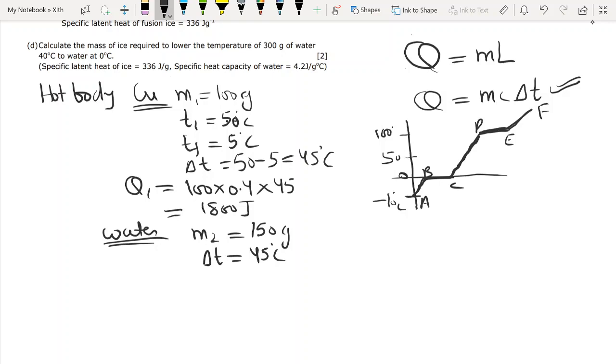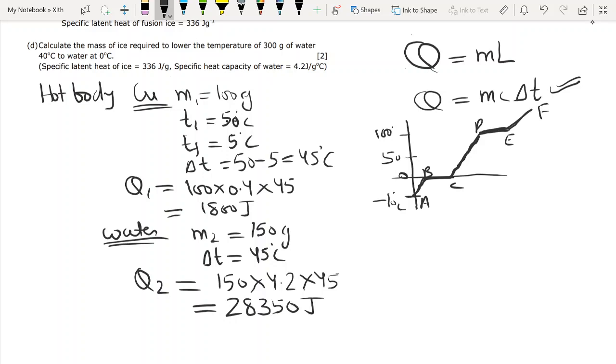So now Q2, which is heat lost by water in this process, would be 150, which is the weight of water, into 4.2 into 45, which would come to 28,350 joules.